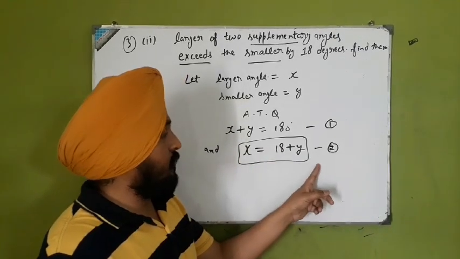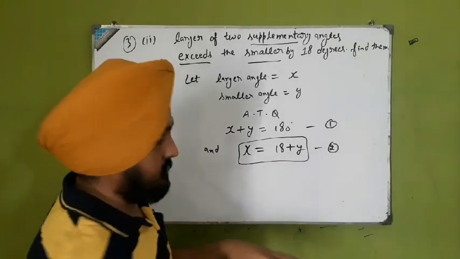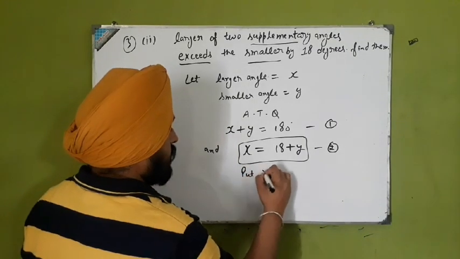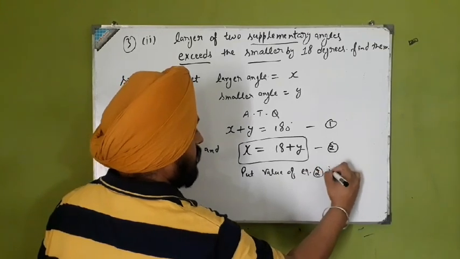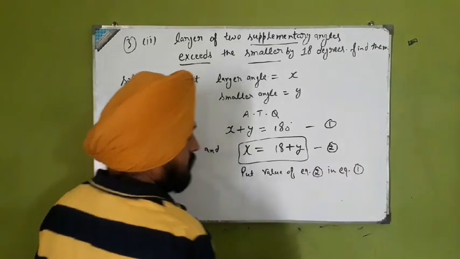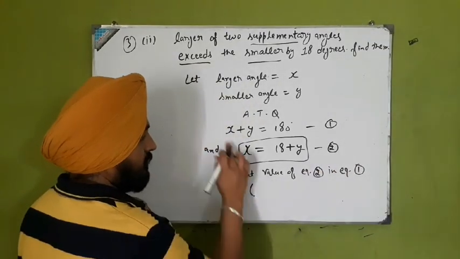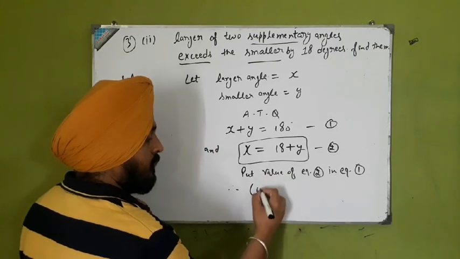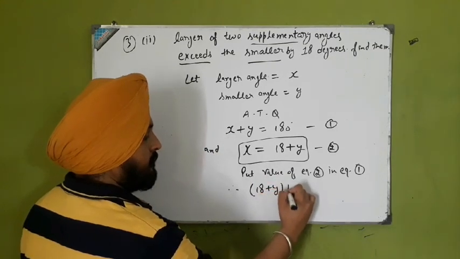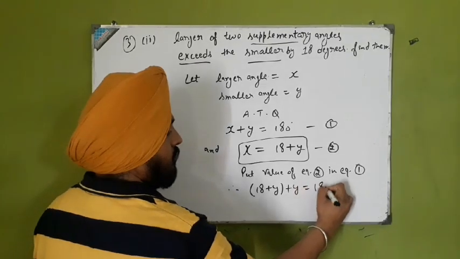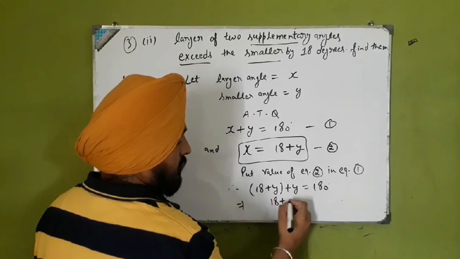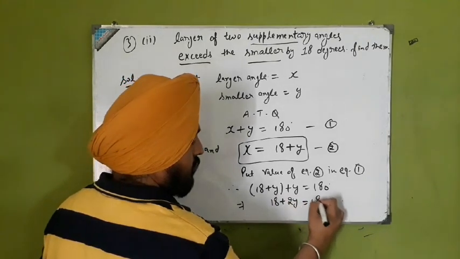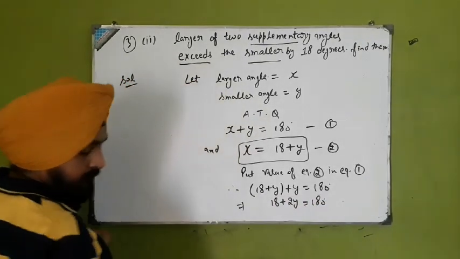So put this value of x in equation number first. Therefore in place of x we write 18 plus y is equal to 180 degrees. So 18 plus y plus y gives you 2y is equal to 180 degrees.